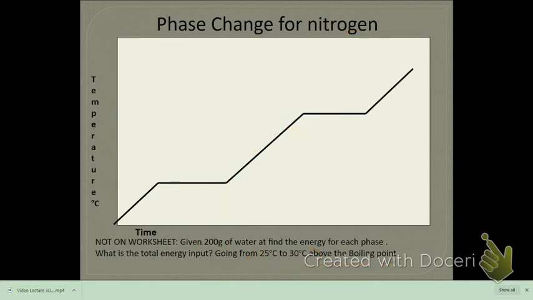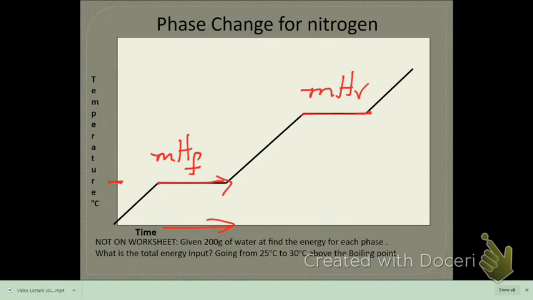When I'm dealing with the melting and boiling, remember here, while there's an increase in my heat, there is no increase in my temperature, so that's simply going to be the mass times the heat of, in this case for melting and freezing, heat of fusion, and for boiling and condensation, it'd be mass times heat of vaporization.